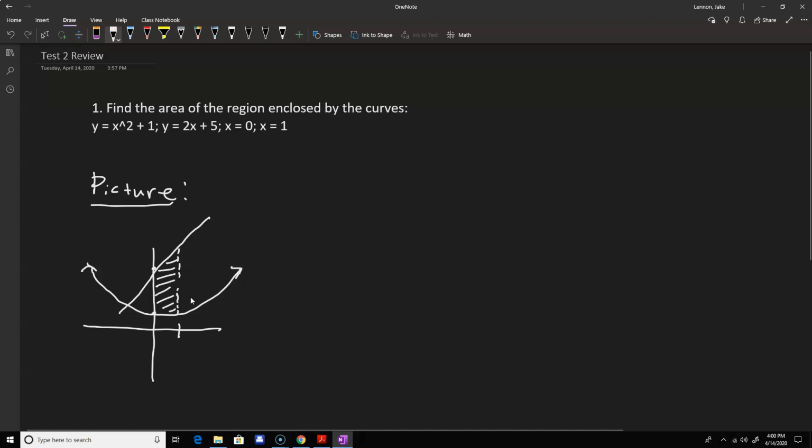And the way we do that is we just integrate from 0 to 1 with the curve on top minus the curve on bottom. So the area here is going to be equal to the integral from 0 to 1 of 2x plus 5 minus x squared plus 1, because the parabola is on bottom.